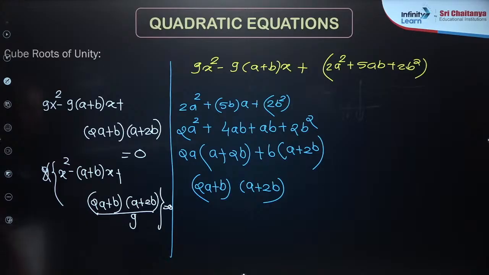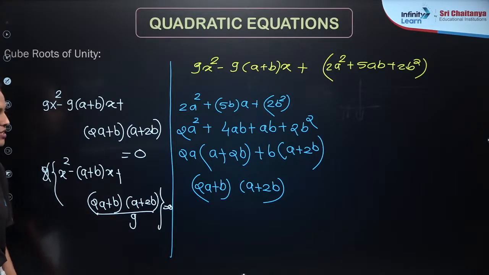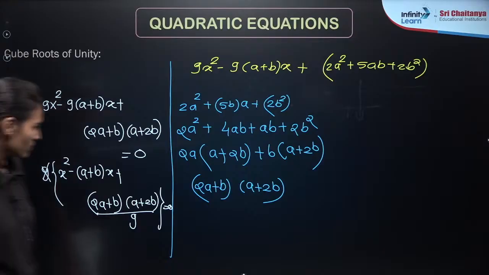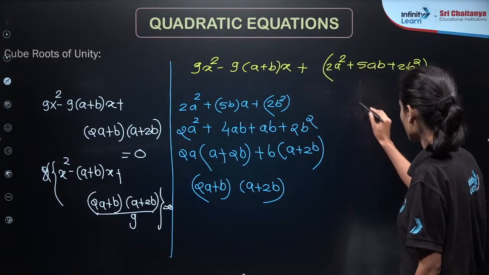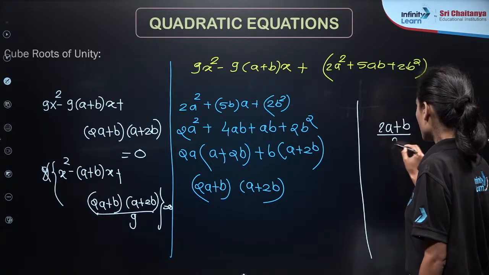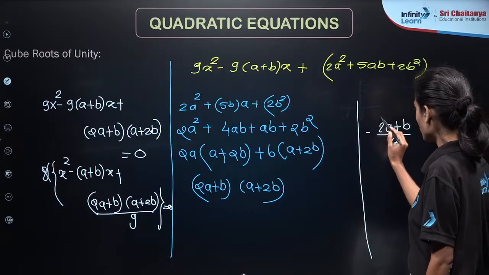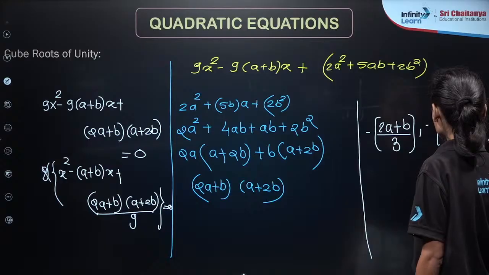So now say you want your addition to be minus of a plus b, you want your multiplication to be 2a plus b, a plus 2b upon 9. So what are the terms you can consider here? Now it is guessing, right? So if you consider here the terms as, the first one as minus 2a plus b upon 3, and next as minus of a plus 2b upon 3.